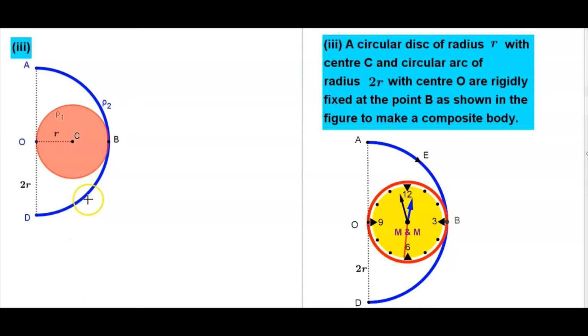This is the circular arc, with radius 2r. Fixed at point B, composite body.